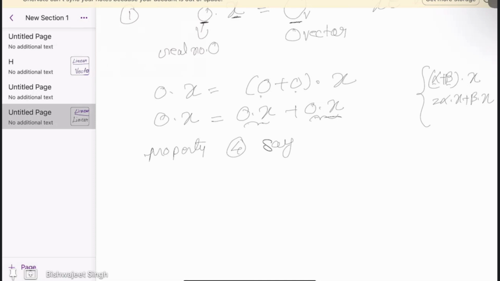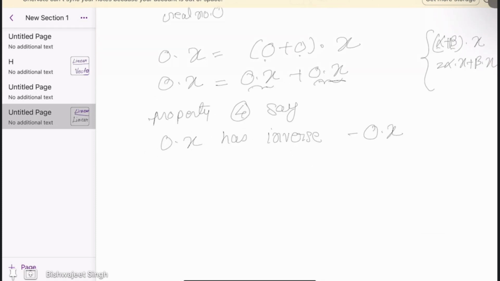Since they are elements of V, with property 4, any element of V will have its inverse. So this 0 dot x has an inverse, and we denote it as minus of 0 dot x.